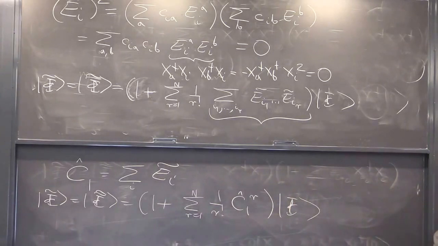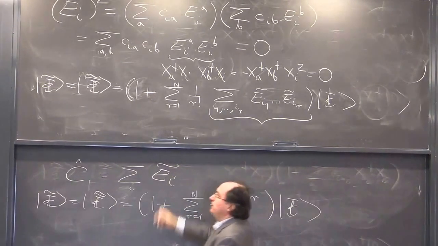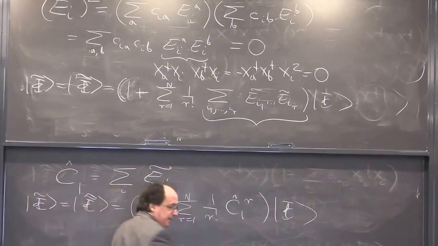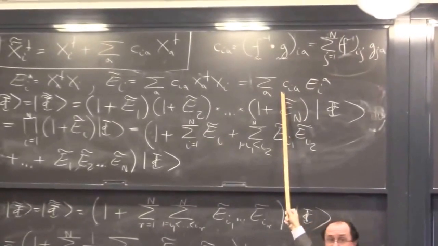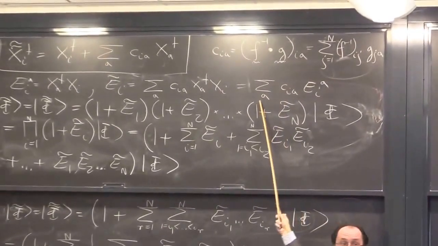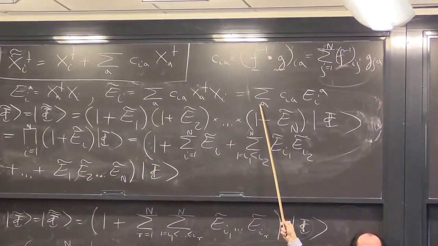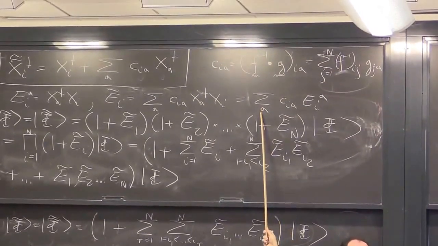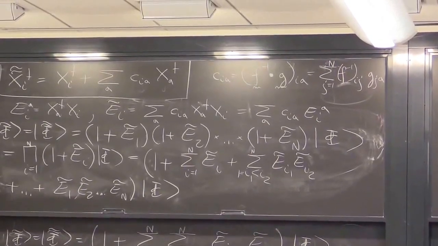Okay? But what is C_1 actually? You have to just bring the definition of E_I. It's still there. I guess that's our storage blackboard. It's here. So you have to take this partially summed expression and sum it over I now. You have a summation over A here. You're going to now throw another summation over I. So C_1 will be a true one-body operator. Okay?